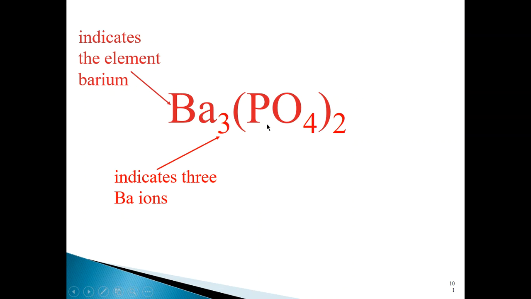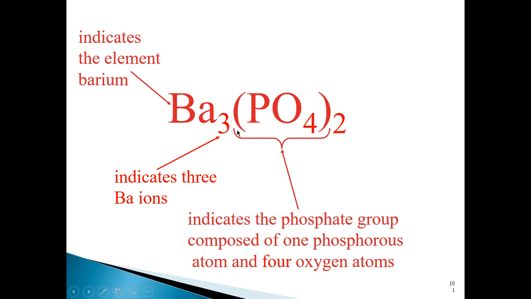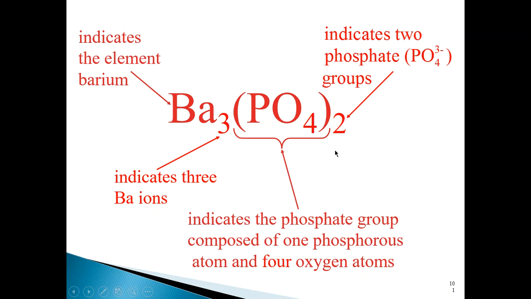Now, when you get to this part here, we call this the phosphate ion or phosphate group, PO4. You'll notice that it's placed within parentheses and there's a subscript of 2 outside. Each phosphate unit consists of 1 phosphorus atom and 4 oxygen atoms, right? But because you have the parentheses around it and the 2 outside as a subscript, this 2 indicates that there are 2 phosphate groups present in this particular formula.